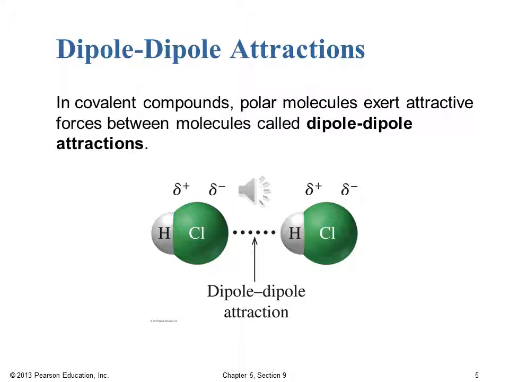Alright, so if we consider those dipole-dipole attractions, if you have polar molecules, they're going to have attractive forces between molecules in a sample, and we call those dipole-dipole attractions. So if we think about HCl, which is a great example of a polar molecule, partial positive hydrogen, partial negative chlorine end, the electronegativity difference is pretty substantial, so we see a pretty strong polarity to that HCl molecule.